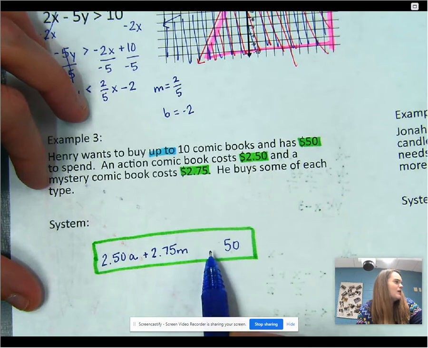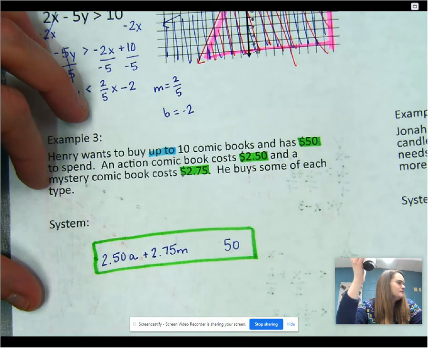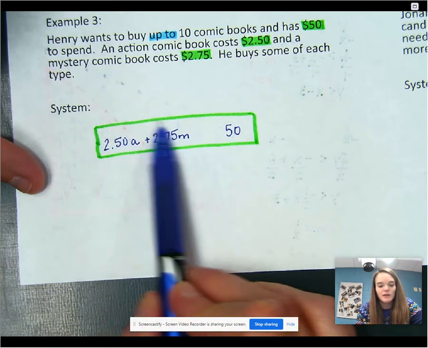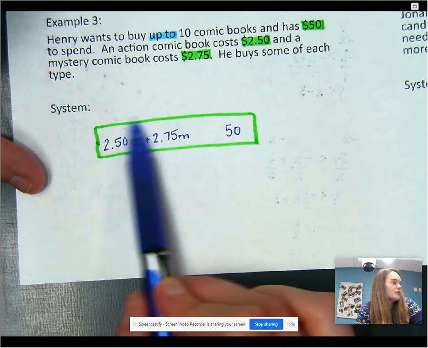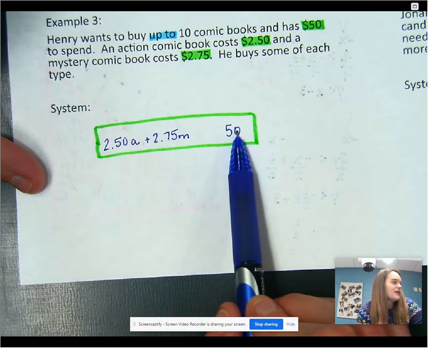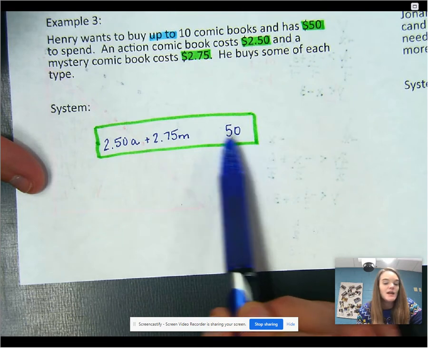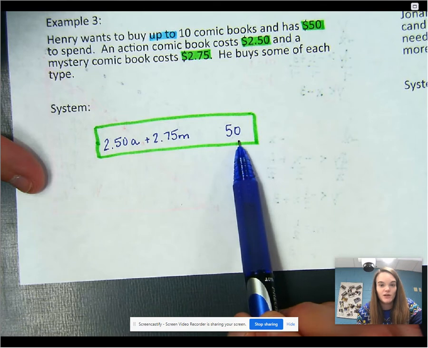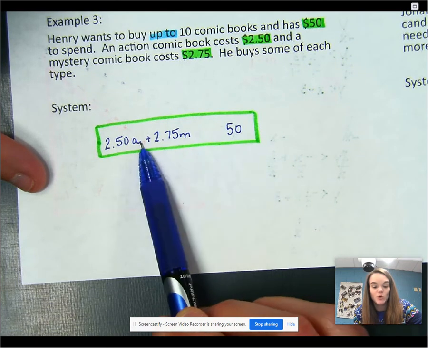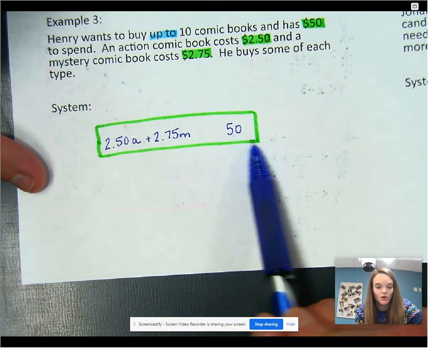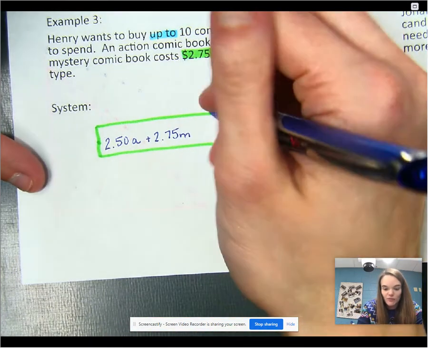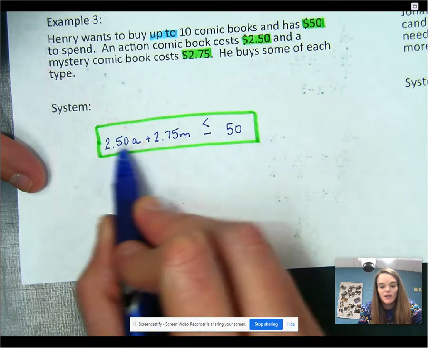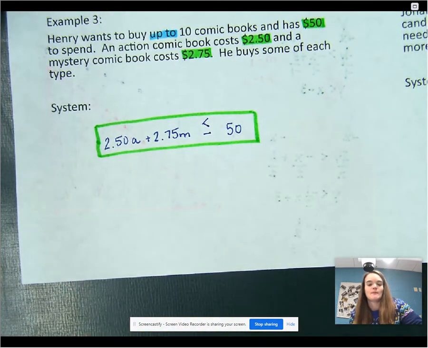We're going to have to decide what symbol goes there. Henry is spending this money. This is how much his total is going to be at the store. He has $50. His total needs to be what compared to how much money he has? If you're at a store, can you spend more than what you have? No. Your total has to be less than or equal to what you have. Here's the first equation.